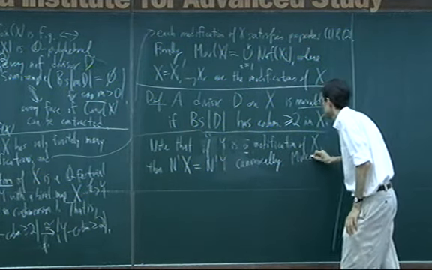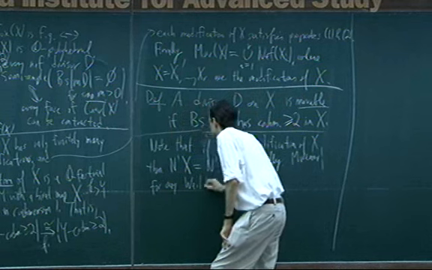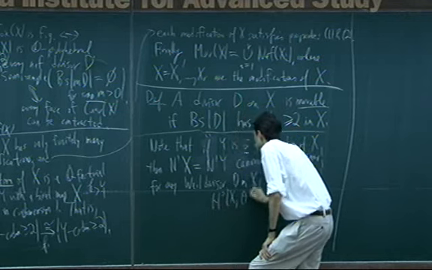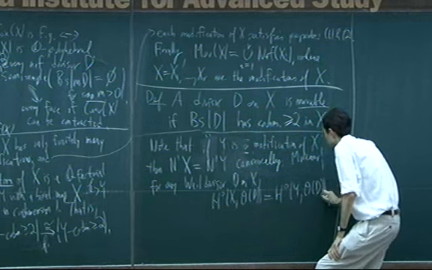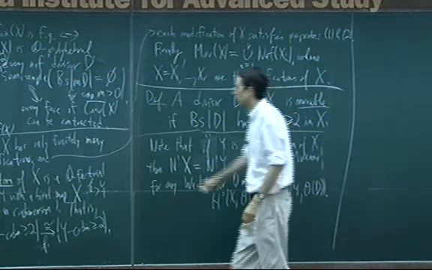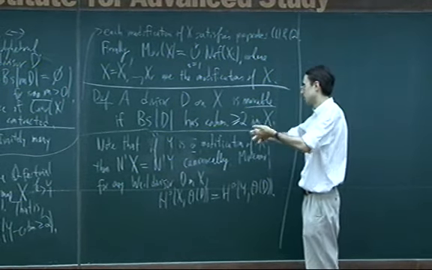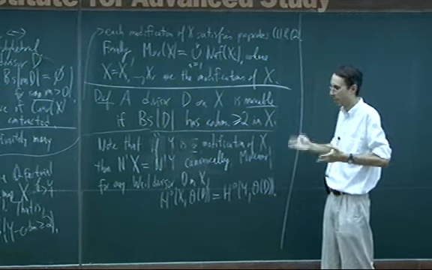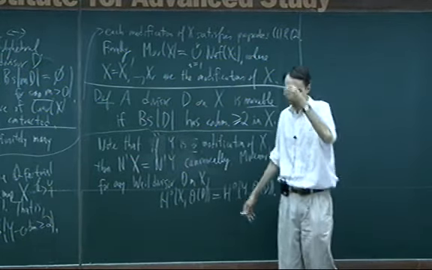So moreover, for any Weil divisor D on X, the space of sections of D on X is exactly the same thing as the space of sections of the corresponding divisor on Y, just because these are normal varieties. That's part of what I mean by Q-factorial. To have a section of a line bundle on a normal variety just means you have a rational section that doesn't have any poles on any codimension 1 subvarieties. X and Y have the same codimension 1 subvarieties, so you have that identification.